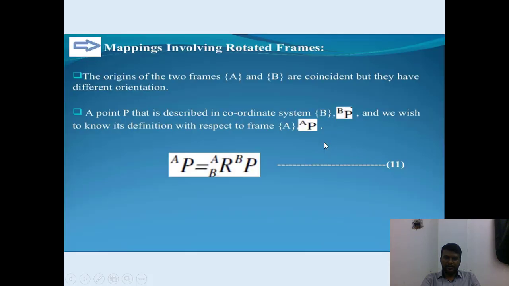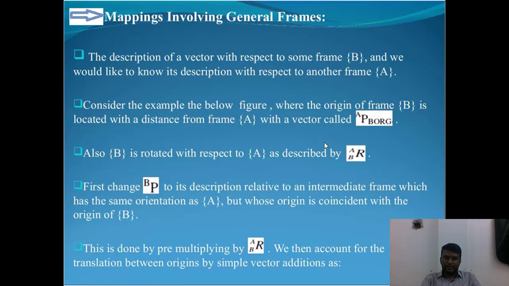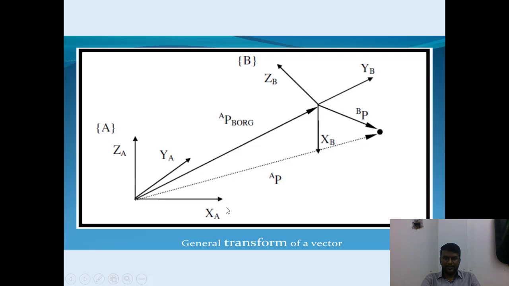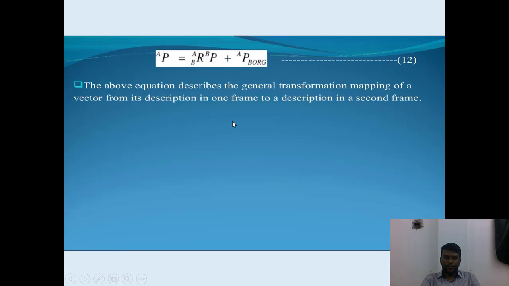For rotation only, just multiply with the rotation matrix. If there is a general frame involving both translation and rotation, there is a translation of the point and here the rotation of the frame. For the general mapping, we need two things: multiplication with the rotation matrix and addition of the translation.